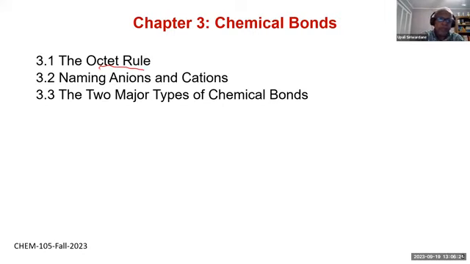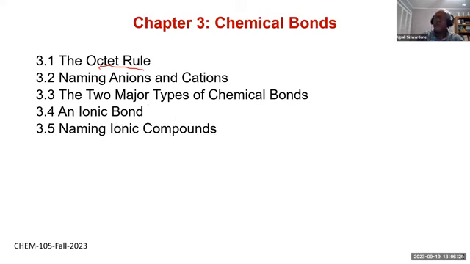One way is ionic bond. Ionic bond is transfer of electrons to a nonmetal, with cation and anion formation, that has ionic bonds formed. So naming ionic compounds is also part of chapter 3.